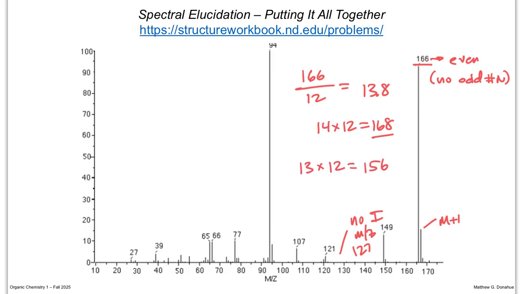If it was 13 as the maximum number of carbons, that would be 156, and we would end up with 10 hydrogens. So our upper bound is 13, but as we go through the other data, we're going to start reducing that number to a more accurate molecular formula.